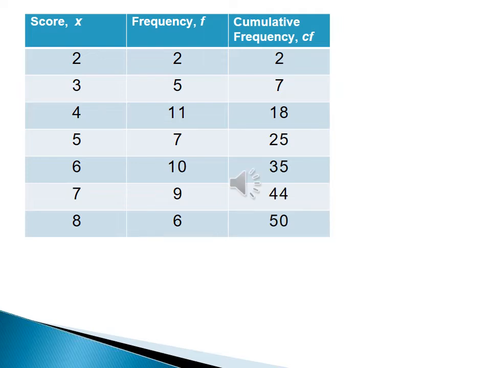Similarly, 35 will be added to the original frequency value 9, and we get 44, and then 44 will be added to 6 and we get 50. 50 is the sum of frequency.